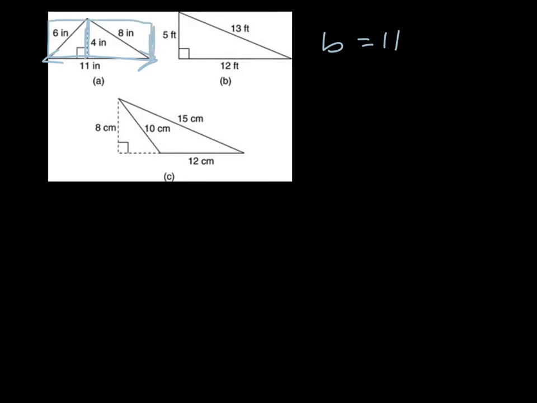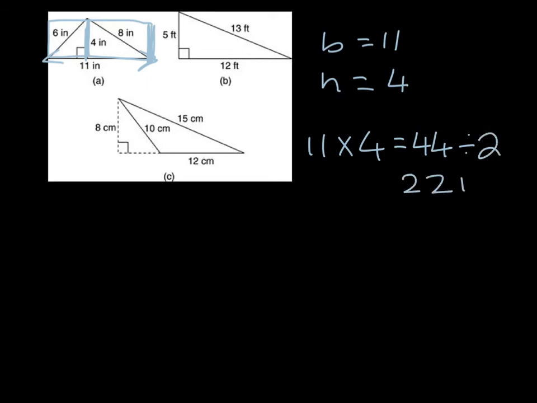So the height would be that length there, which is the same in the middle, which is 4. And it could be inches, so it would be 11 times 4, which is 44, and then divide it by 2 because it's only a triangle, so that's 22, but the units this time is inches squared.